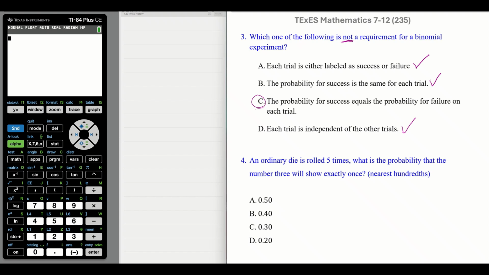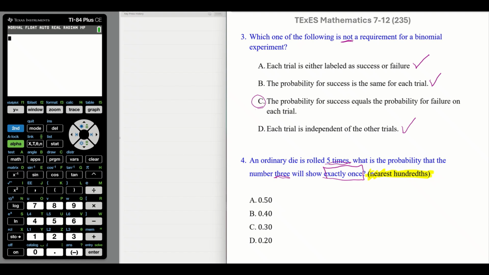Number 4, an ordinary die is rolled 5 times. What is the probability that the number 3 will show exactly once? And we are rounding to the nearest hundredths. Remember how to round.